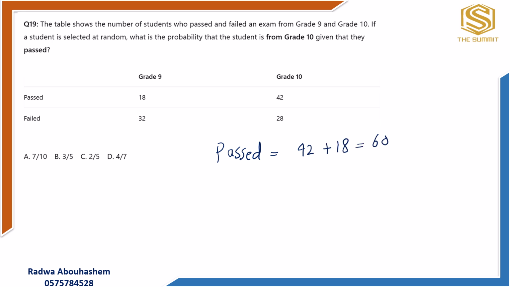Now I need the probability that the student is from grade 10 and passed. Grade 10 is 42. So the probability equals 42 over 60, divided by 6, so it's 7 over 10.